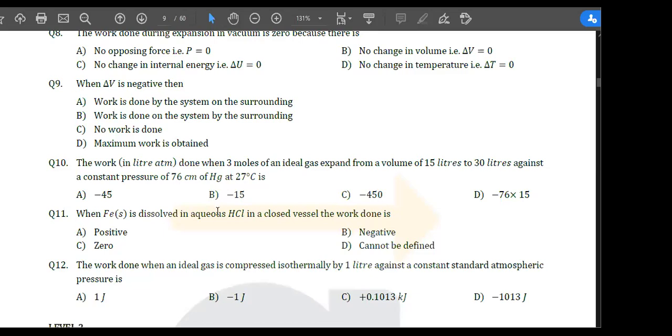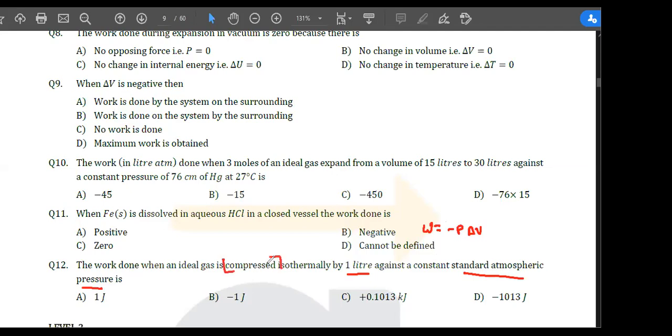It is said that work done when ideal gas is compressed isothermally by 1 liter against a constant standard atmospheric pressure. So again, standard atmospheric pressure, which is constant. So formula of work done is always minus P delta V. Now it is compressed.